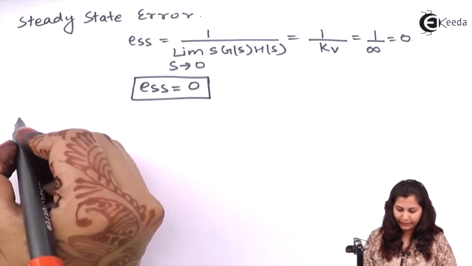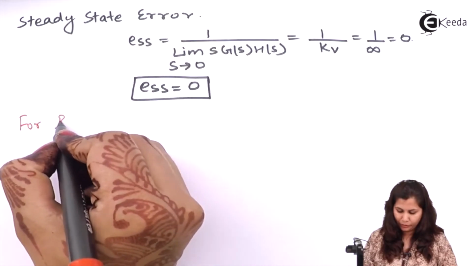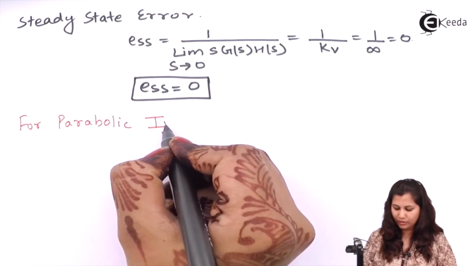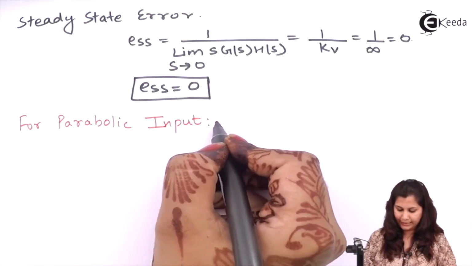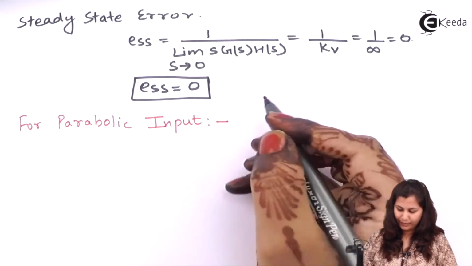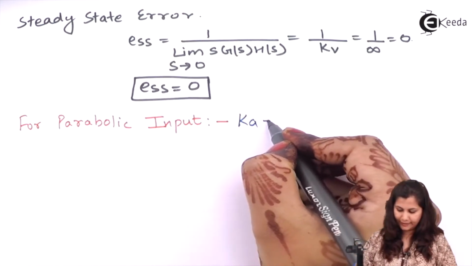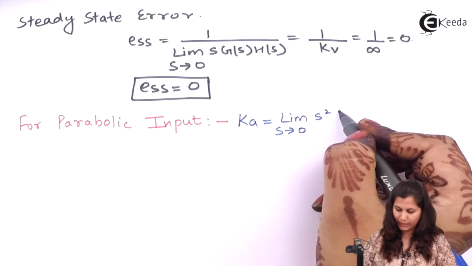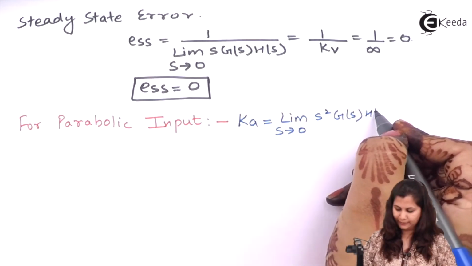Now calculating for parabolic input. For parabolic input we have the acceleration coefficient Ka, and Ka is given by limit s tends to 0 of s square G(s)H(s).